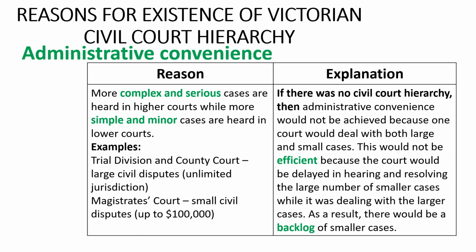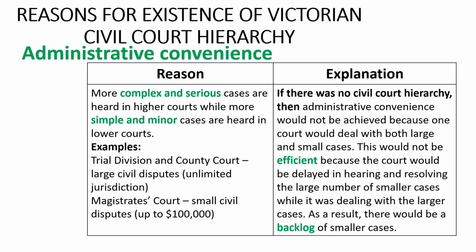We now come to our second learning intention. This learning intention is that you should be able to explain the reasons for a Victorian civil court hierarchy, including administrative convenience and appeals. You may remember that there are actually 4 reasons for a court hierarchy, that is, specialisation, appeals, administrative convenience, and precedent.